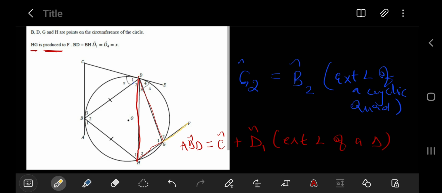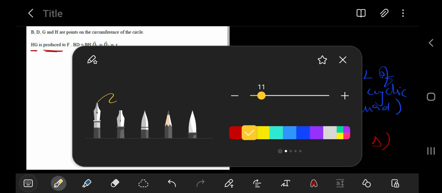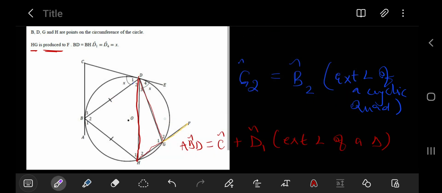So since it is produced, you should expect an exterior angle, right? So you can see that our exterior angle is G2, and that G2 should be equal to the sum of the opposite angles, which is D3 and H2.